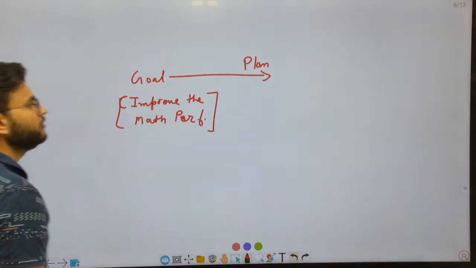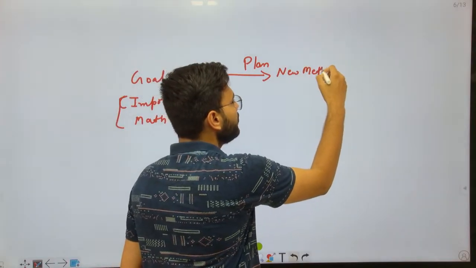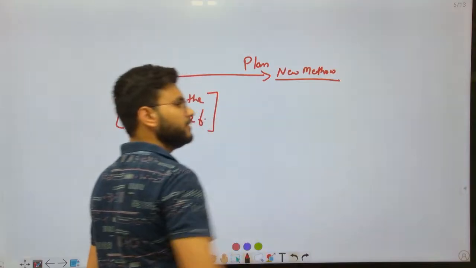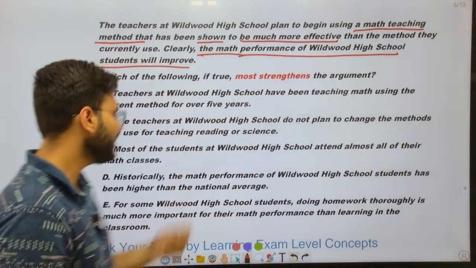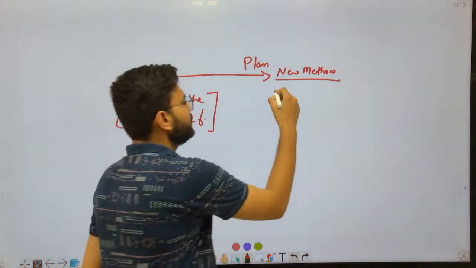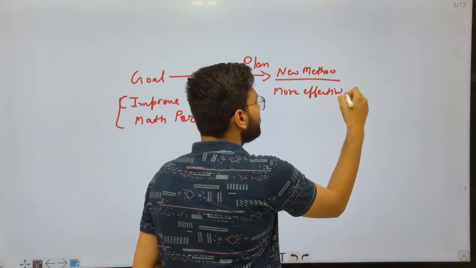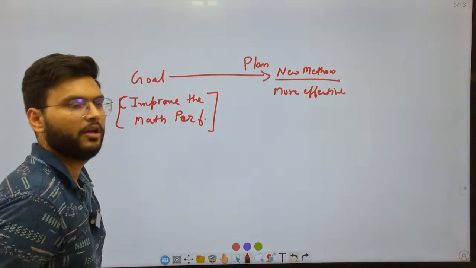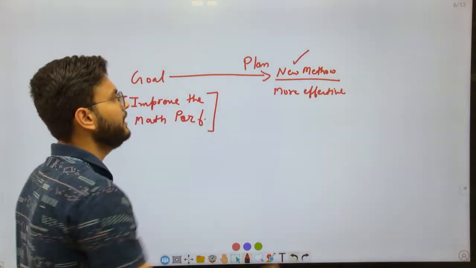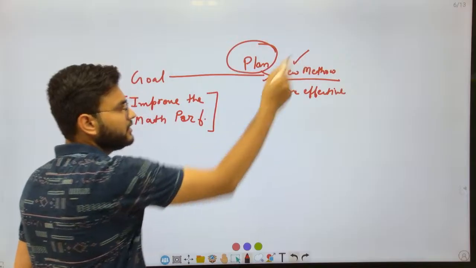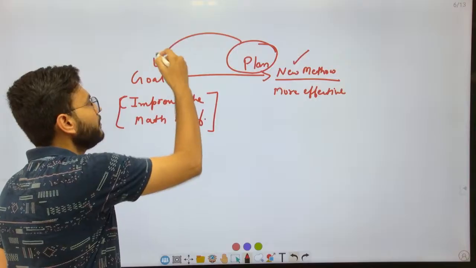All right. So now I have a new method. What does this new method do? It tells me that it is much more effective. Now, the author believes that implementation of this new method, which is my plan, will directly support my goal.